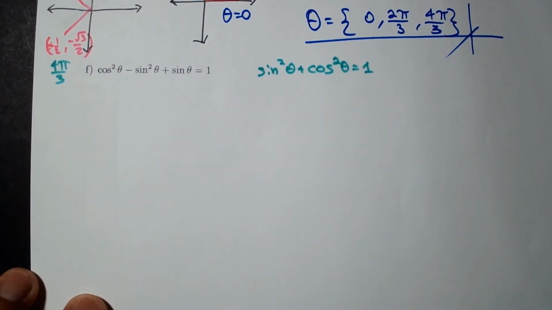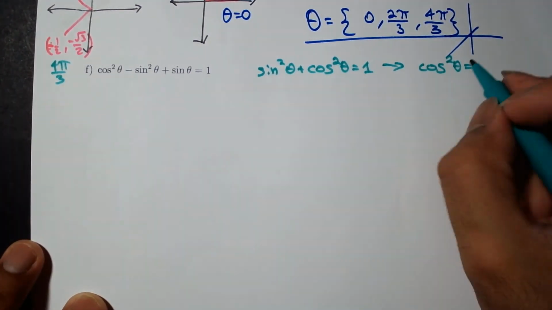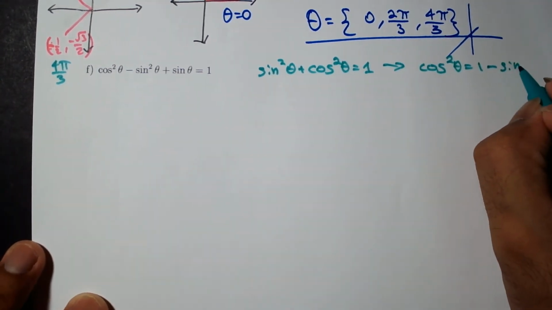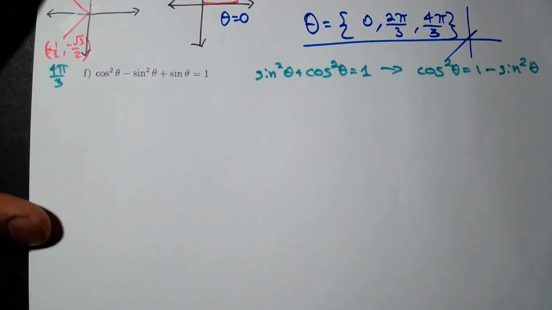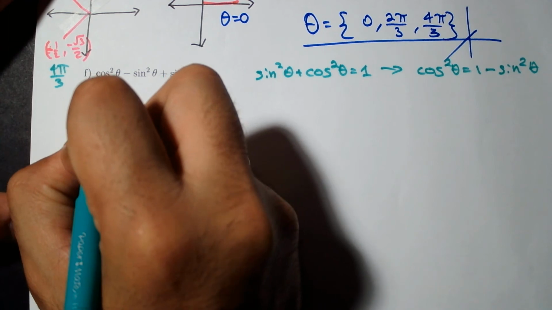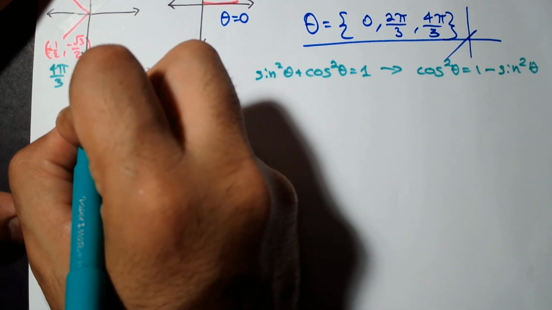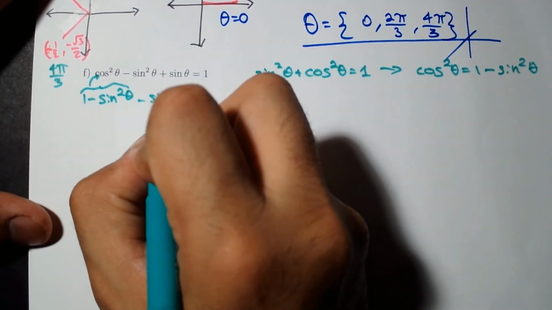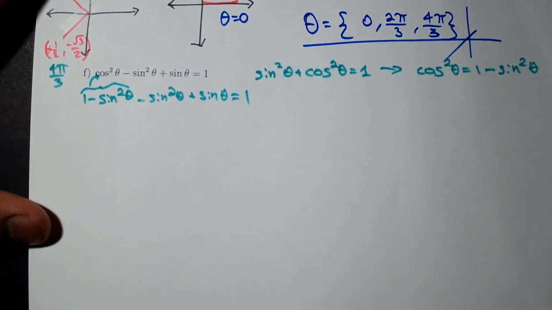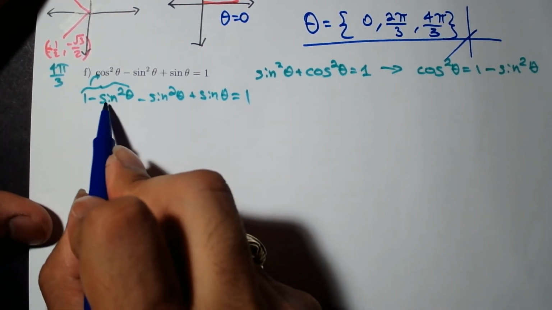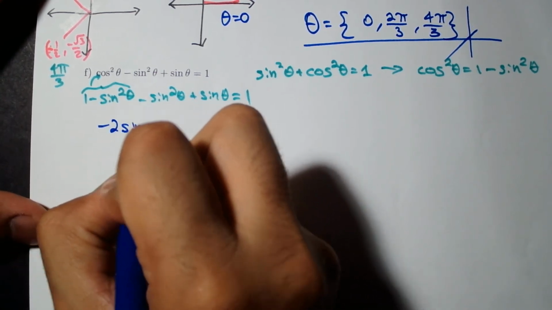In other words, from here, cosine squared equals 1 minus sine squared. So I'm going to replace this over here where it says cosine squared. So 1 minus sine squared theta, minus sine squared theta plus sine theta equals 1. I'm going to combine like terms. Negative sine squared theta minus sine squared theta, that's going to be negative 2 sine squared theta.